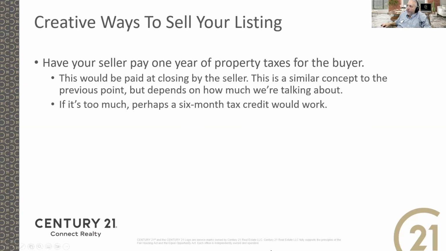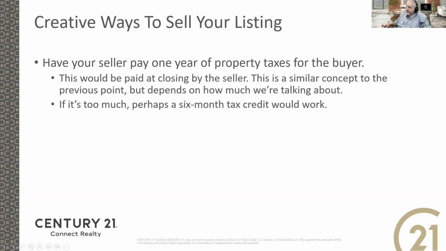Have your seller pay for 1 year of the property taxes for the buyer. Okay, this would also be paid at the closing by the seller out of their seller's proceeds. So it's money that they haven't really lost. It's never money that they have to write a check for. It's just a little bit less out of their proceeds, which, with the equity position that most homes are in these days, probably is a good thing.